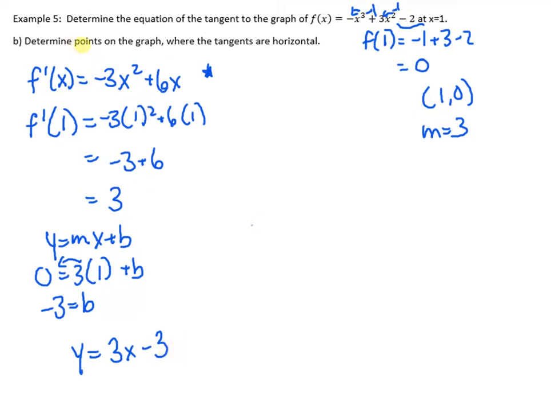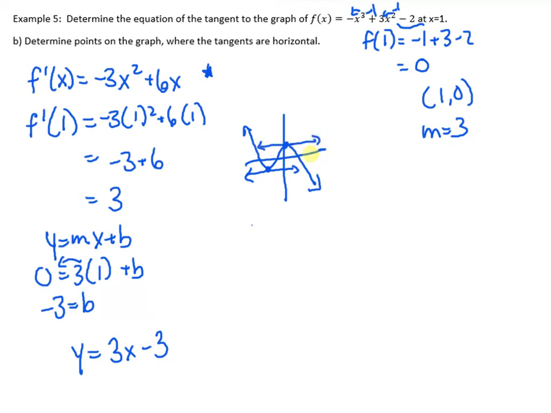Here's the second thing. Determine on the graph where the tangents are horizontal. This is x cubed. So we have potentially, and it's negative, so it's going from this quadrant to this quadrant, and it potentially has 2 points where the tangents are horizontal.